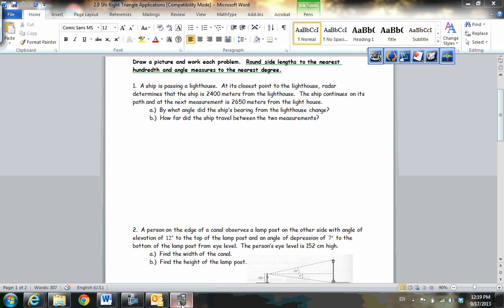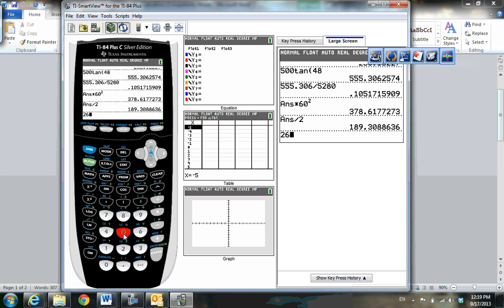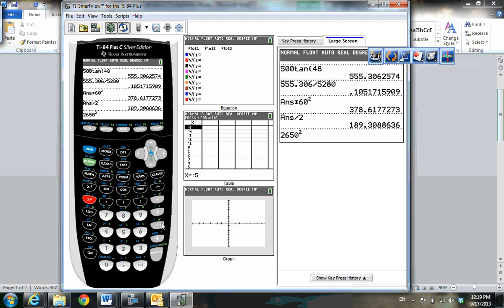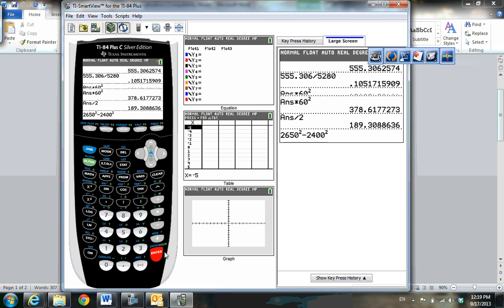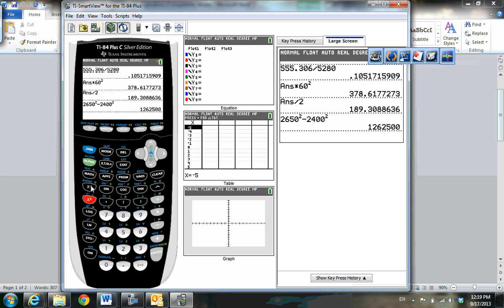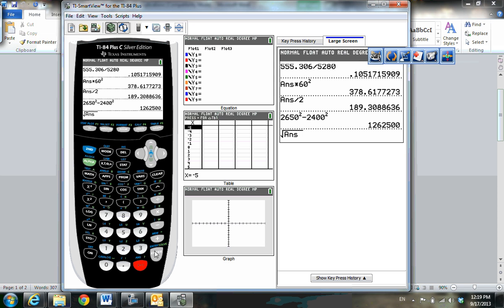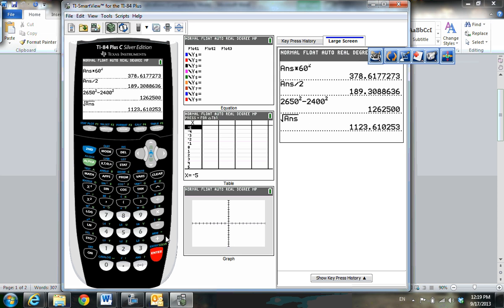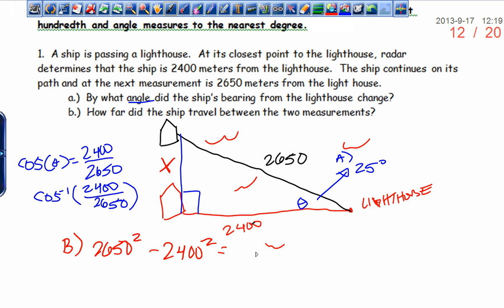So I'm doing 2,650 squared minus 2,400 squared, take the square root of that. 1,123.61. And that's meters, right? Boom. That's B. Questions about what we just did?